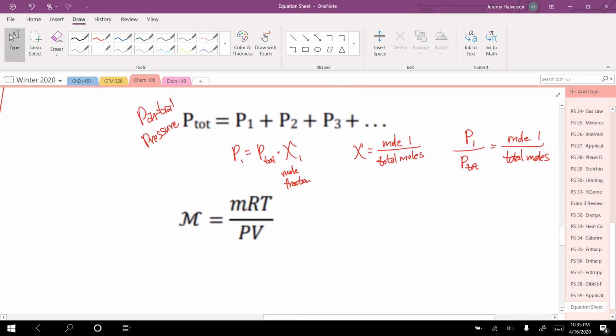Okay, here we have molecular weight of a gas. Because we've got a gas sample, we know some things about that sample, and we want to find the molecular weight. Well, this molecular weight we usually have in grams per mole.